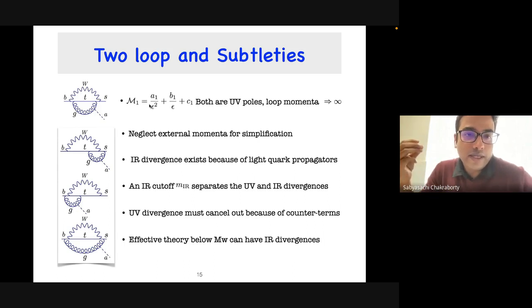That will give you an IR pole. What I meant by shrinking is that this sub diagram itself is UV divergent. So when I shrink this, I am actually generating an axion quark-quark coupling where the gluon is at one loop. That's what I meant by shrinking.